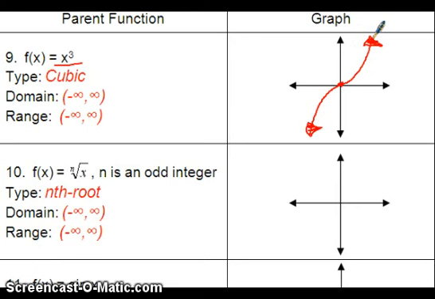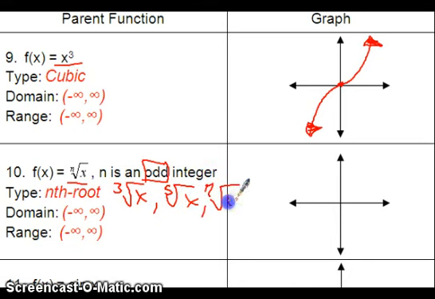The function that we'll be taking a look at is f of x. We're going to look at it if it's odd. So if the function is an odd value, such as the cube root of x, the 5th root of x, the 7th root of x, whatever. We've got our domain.